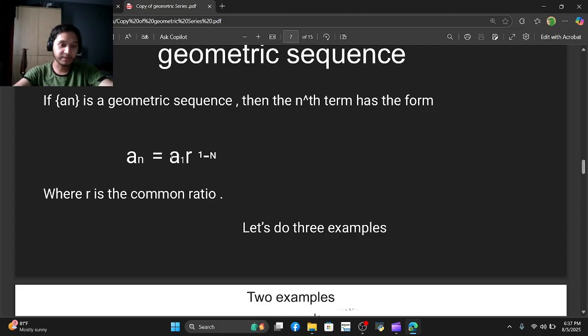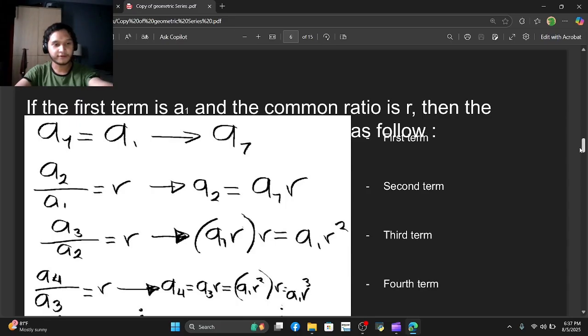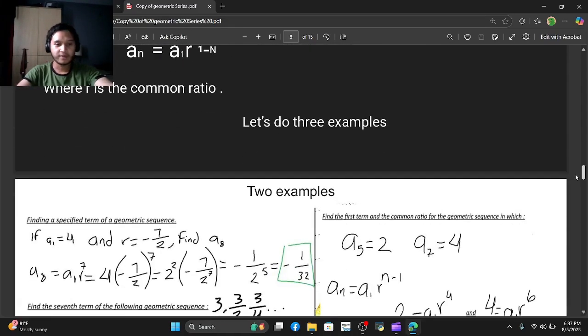So 1 times the first term will be correct, as we said, the first term is equal to the first term.